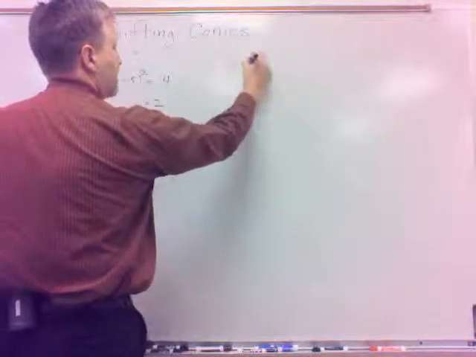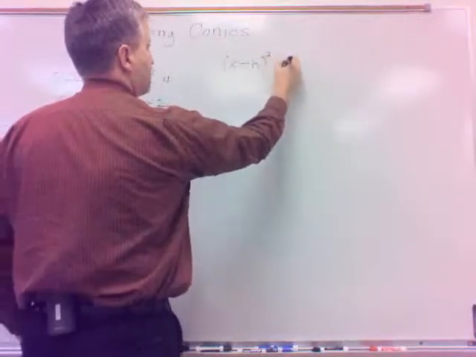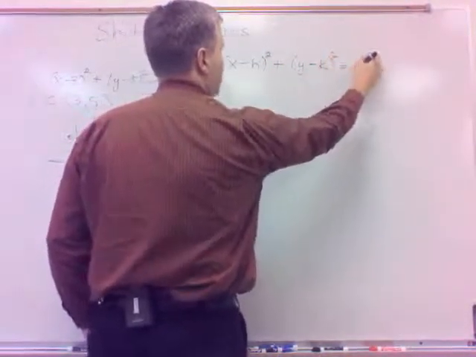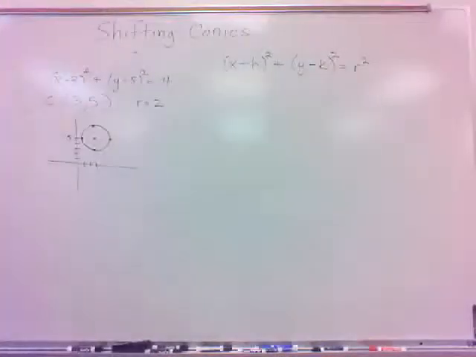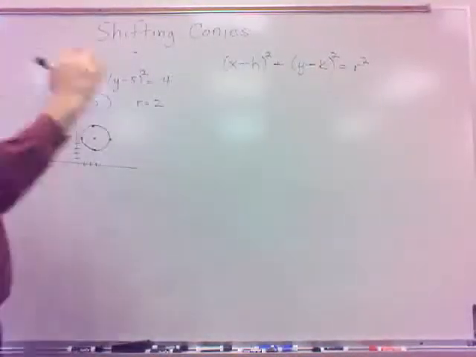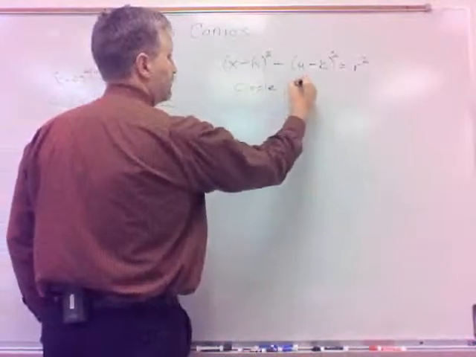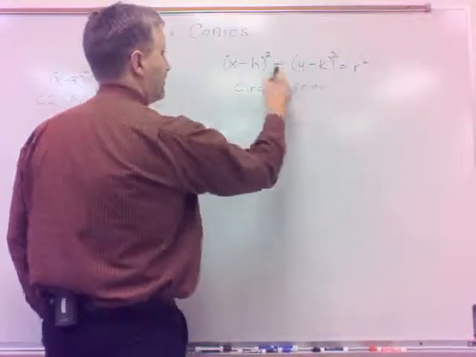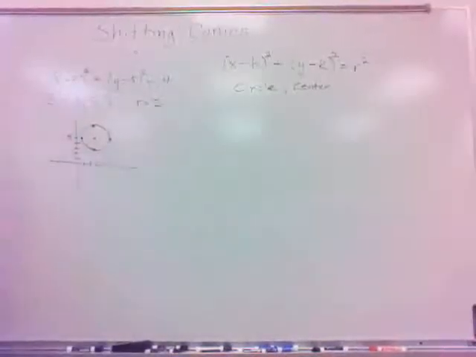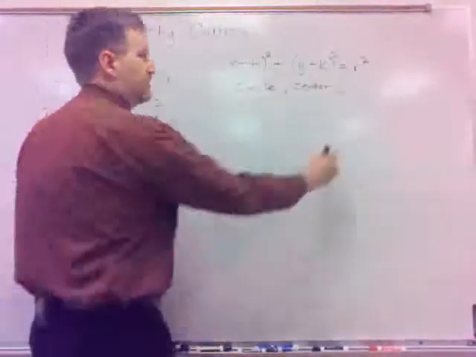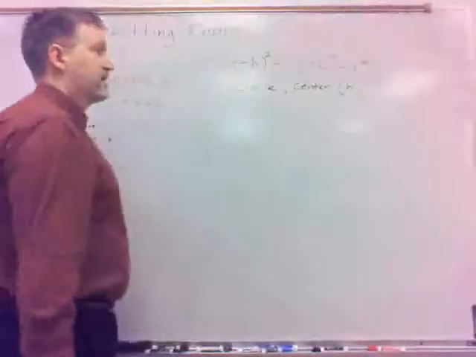If I have (x minus h) squared plus (y minus k) squared equals r squared, what do I have there? I have a circle. Whatever's minus the x, that's the x coordinate of the center. So the center x coordinate would be h.